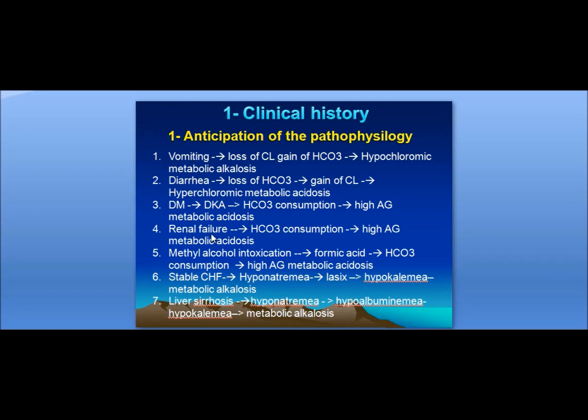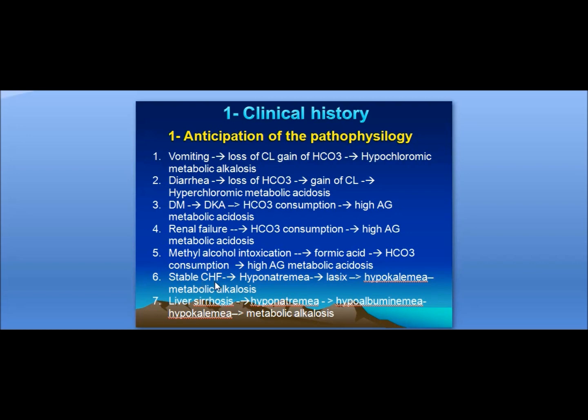In a renal failure patient, bicarbonate will be consumed by the fixed acids to develop also high anion gap metabolic acidosis. Methanol intoxication will be associated with the formation of formic acid to consume bicarbonate to develop high anion gap metabolic acidosis.